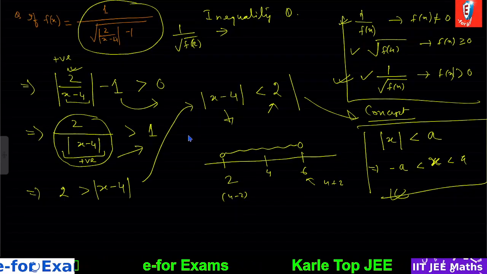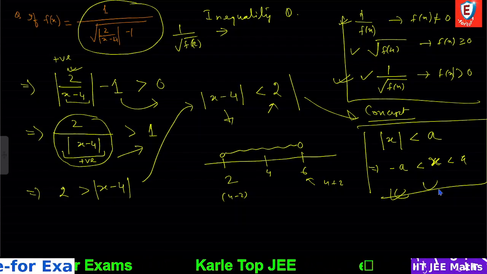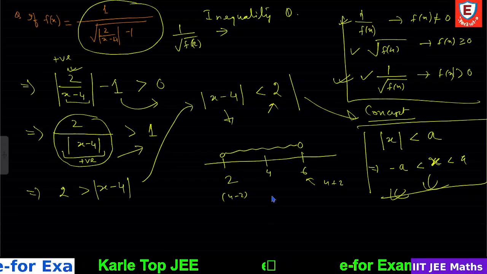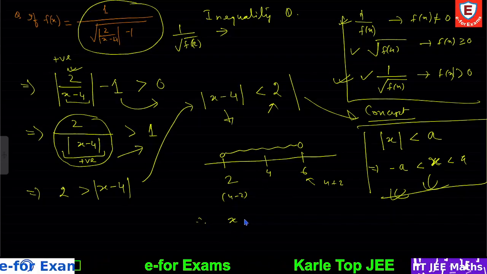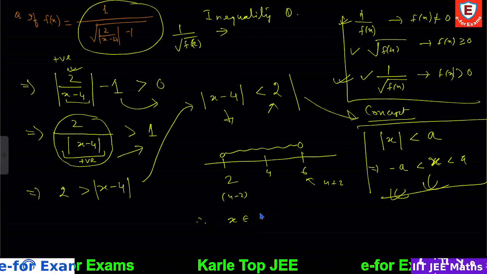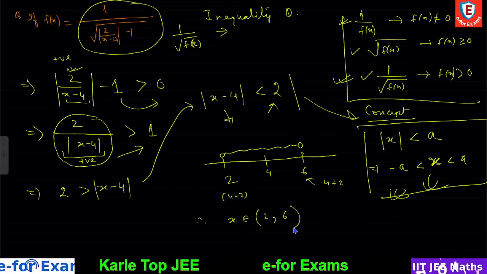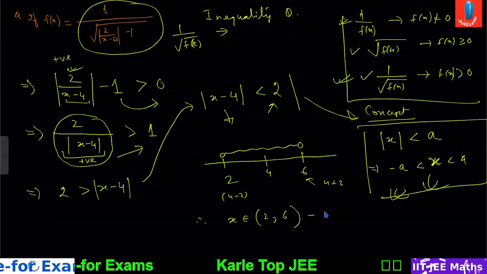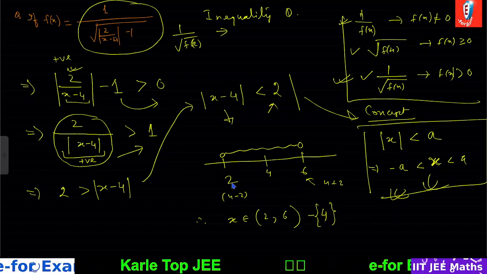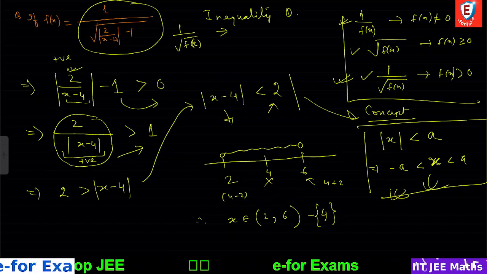This is the concept that we are using. In lecture number 3, we have explained this. So the answer is x belongs to 2 to 6, minus 4.